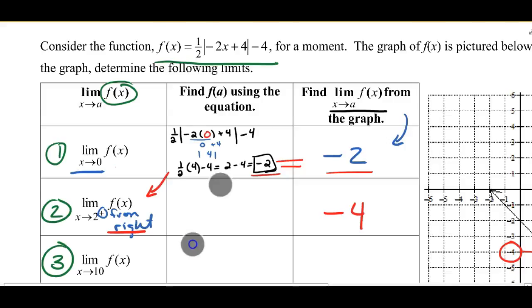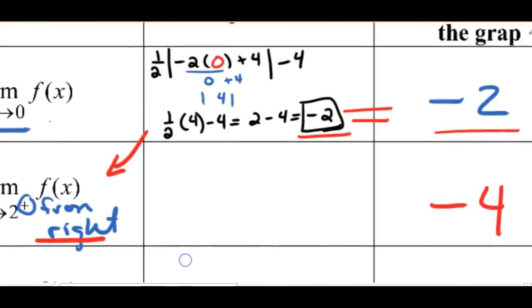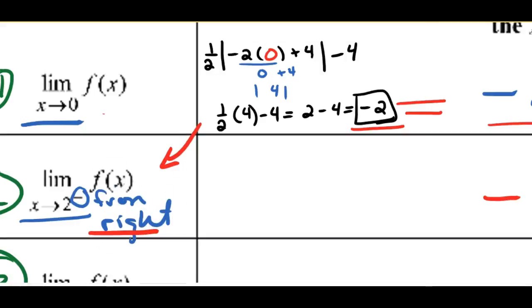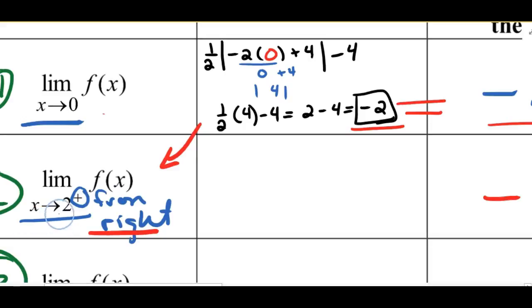So we're going to look at this exact same function again, but for the limit as x approaches 2 here. From the right, I don't need to worry about too much right now. We'll come back to that later. Let's just go ahead and evaluate this for x equals 2.